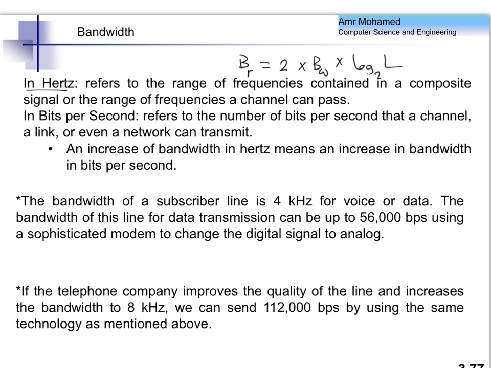Okay? So if I give you a bandwidth in hertz and I tell you the number of levels, you should be able to calculate the bandwidth in bits per second, which is actually the rate. So the bandwidth can be defined as hertz or as bits per second.